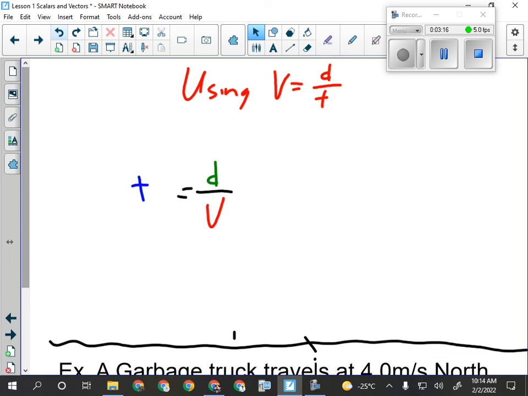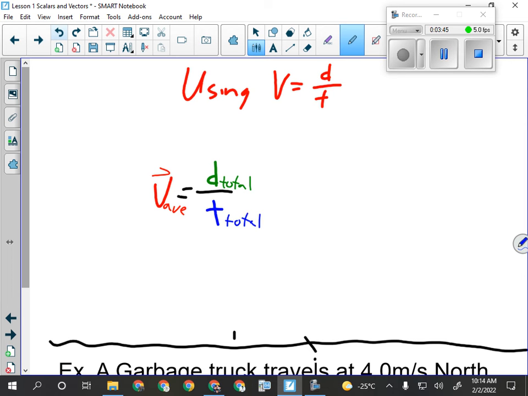The other thing we have to realize about v equals d over t is that it doesn't mean that velocity is displacement over time or speed is displacement over time. It actually means this: average velocity is total displacement over total time.